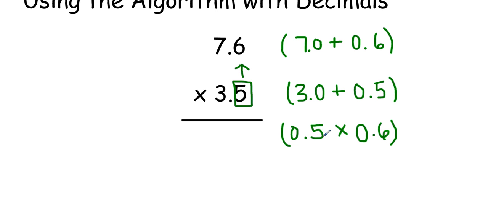In this case, however, we're dealing with tenths. So we can show this a number of ways. First, we know again that this is 30, but how do we figure out the place value of our answer?